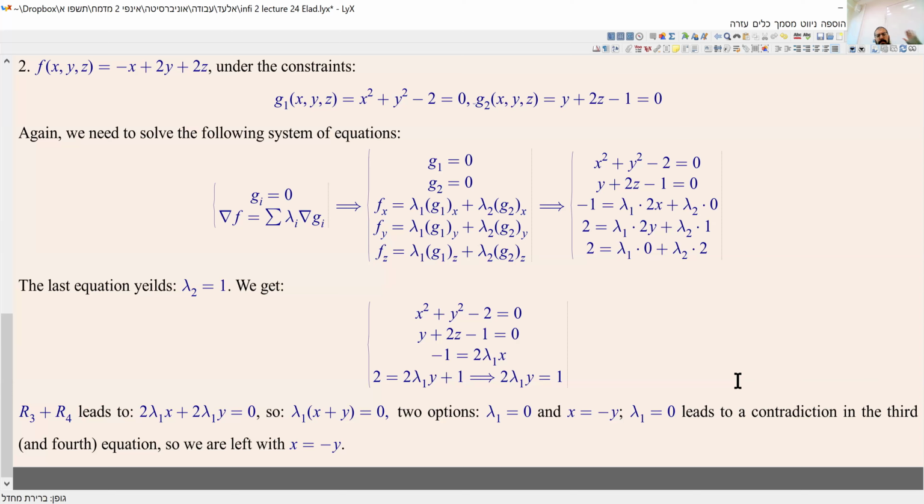We can take x equals minus y to the last two equations.